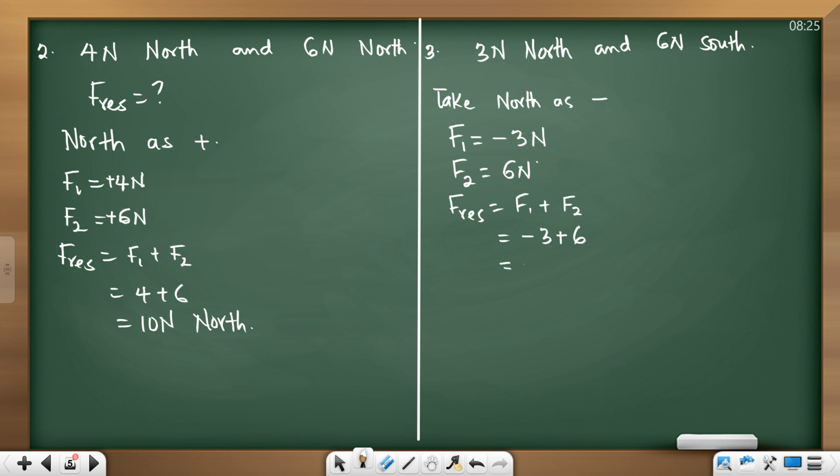What's our answer? Positive what? 3. Now, which one is positive? South. Because we said north is negative. So therefore, my F resultant is what? 3 newtons what? Whichever direction you take. Kyle, why do we have 3 newtons north?